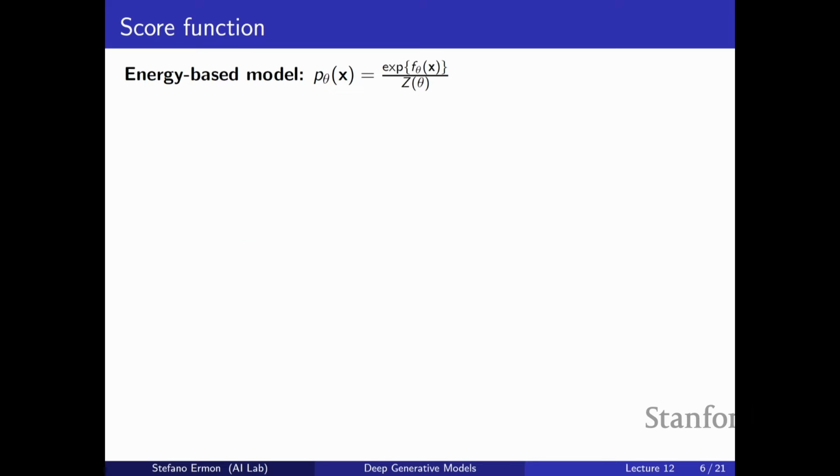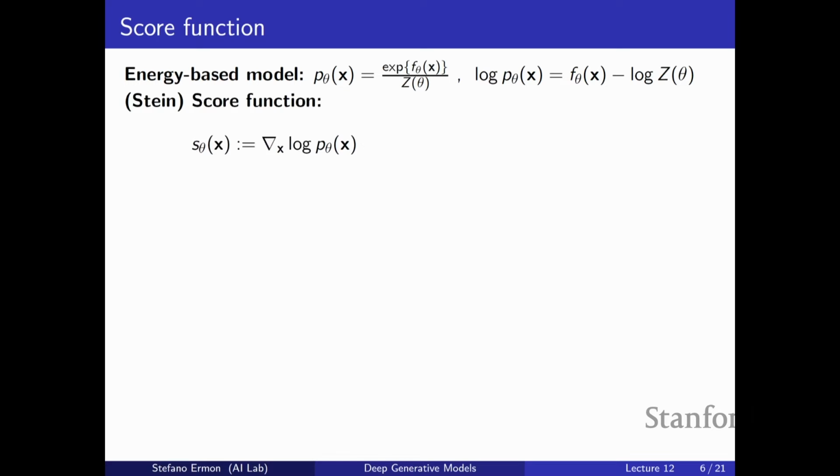Recall that we have an energy-based model, which is defined like that. If you take the log of that expression, we get the difference between the energy, which is whatever neural network you're using to model the distribution, and the log partition function. The key thing is the score function, or the gradient of the log likelihood with respect to x.